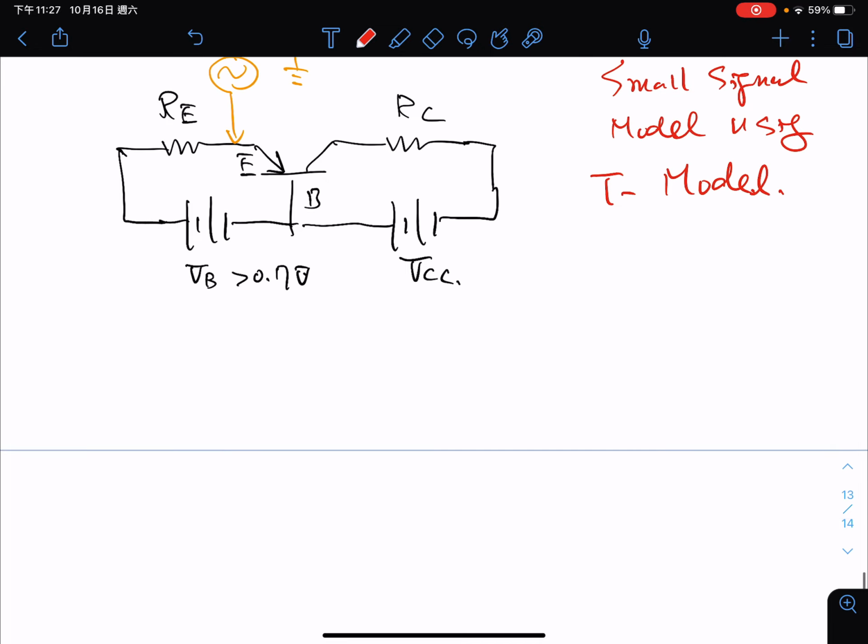If we use the T model, then this is the base. Let me redraw it. The base is here, and we have RE here.